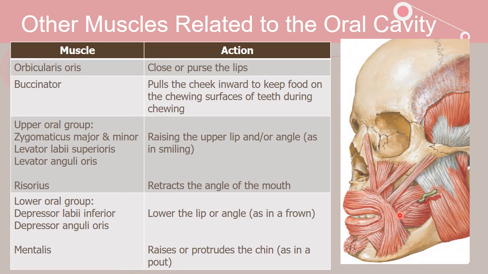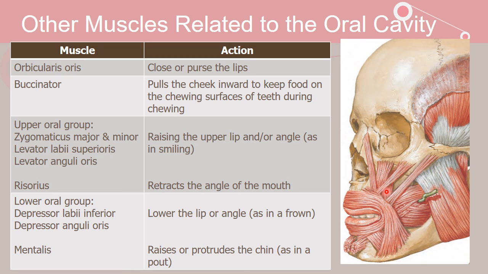We have the upper oral group, which includes the zygomaticus major here, the zygomaticus minor, the levator labii superioris, and the levator anguli oris. Okay.